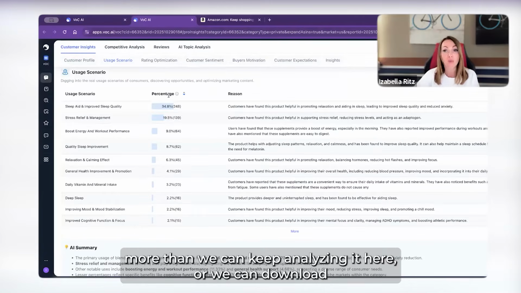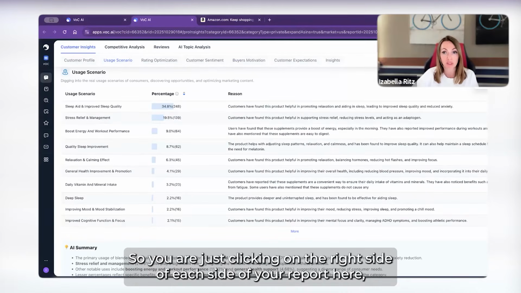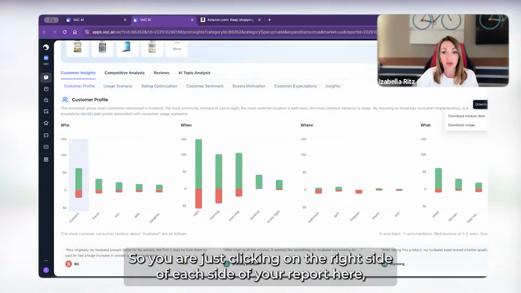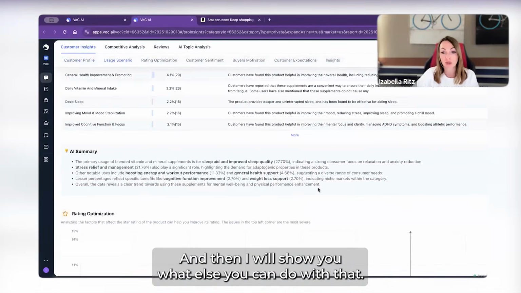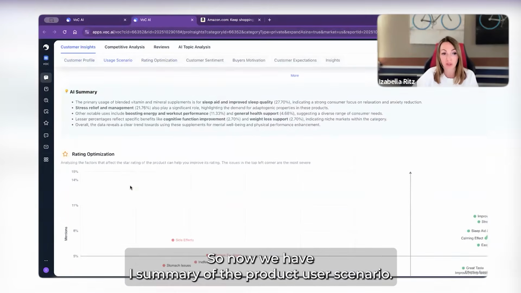More than we can keep analyzing it here, or we can download every single report, which I can also show you how to do. So you're just clicking on the right side of each section of your report here, and then I will show you what else you can do with that. So now we have AI summary of the product usage scenario.